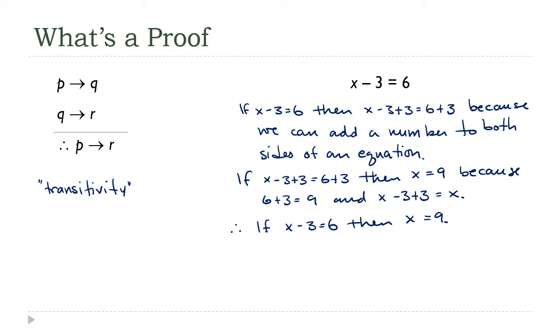Now, like I said, I realize you would never go into this much detail in an algebra class, but if you compare this sequence of statements to the transitive property, you should see how my argument here on the right matches the logical form on the left.